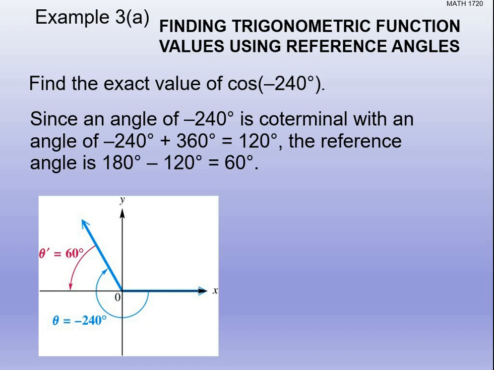So the reference angle in this scenario is 60 degrees. So draw yourself a 30, 60, 90 degree triangle. Once we have the values, that should make sense, right? If it's 30, 60, 90, you should know what the side lengths are. What are they going to be? 1, square root of 3, and then 2 for the magnitude.